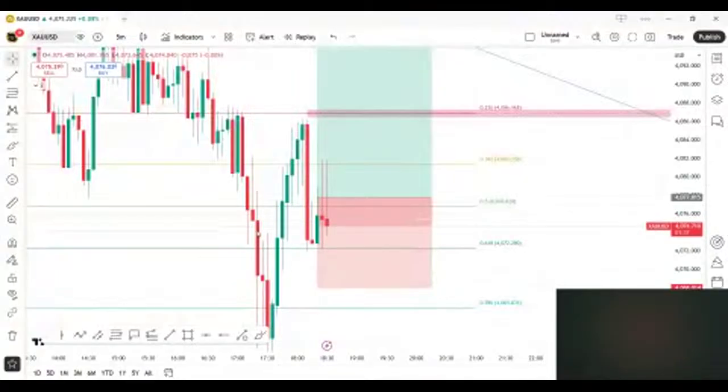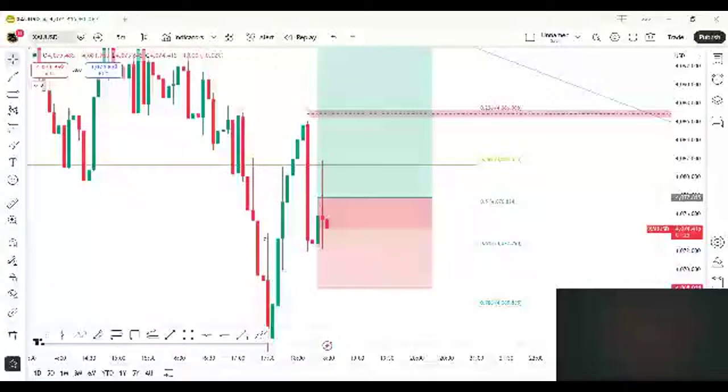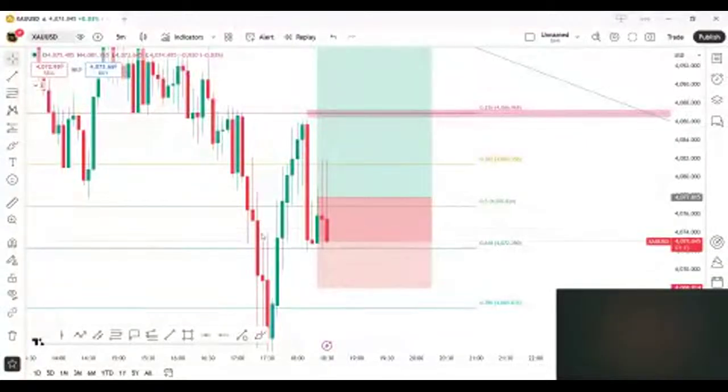The market gives us a really nice push towards the upside, but unfortunately again the market is trying its best to go down. So we need to just wait here. These are from 4074 till 4077, and the market has given us approximately 60 pips. Hopefully some of you managed to book some profits.